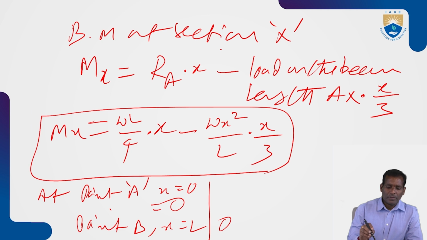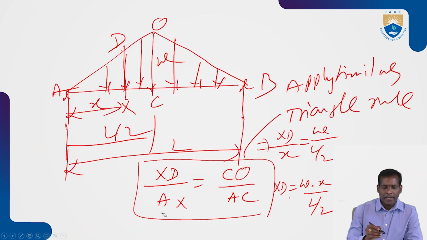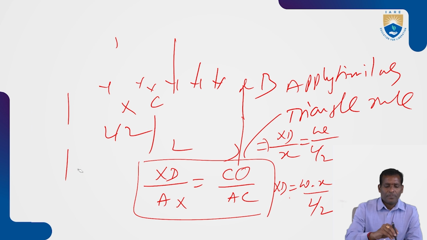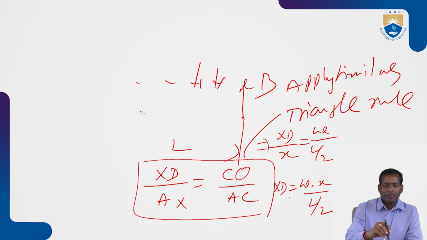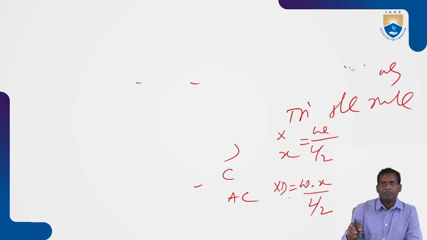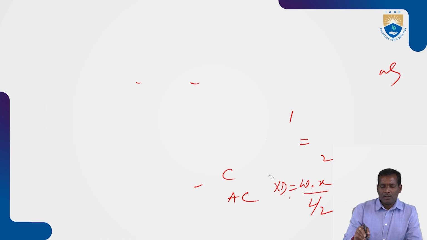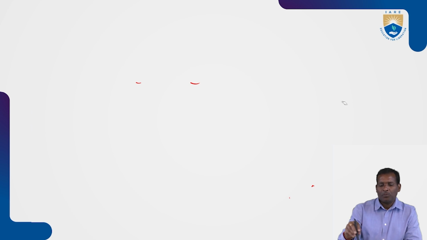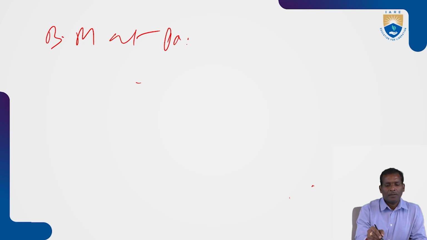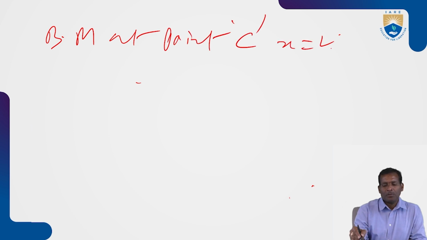Now we need to calculate the bending moment at point C. The distance is L by 2. The bending moment at point C, x is equal to L by 2.